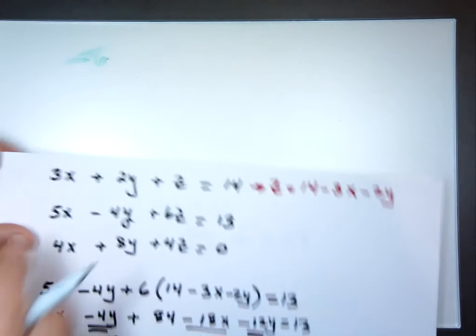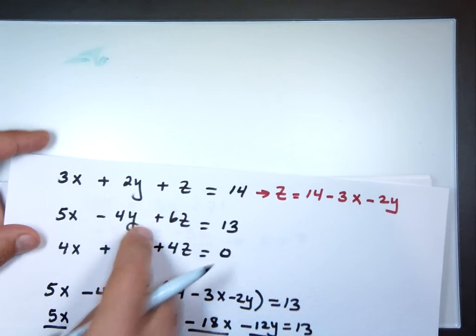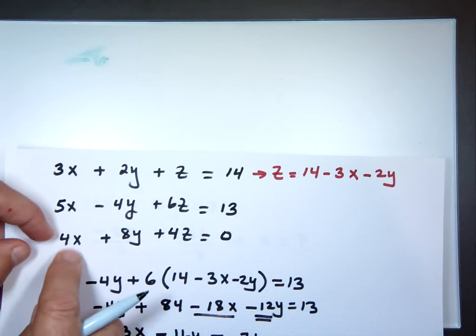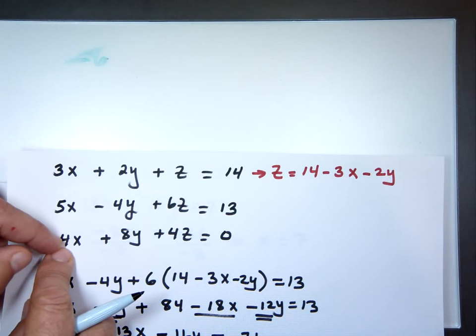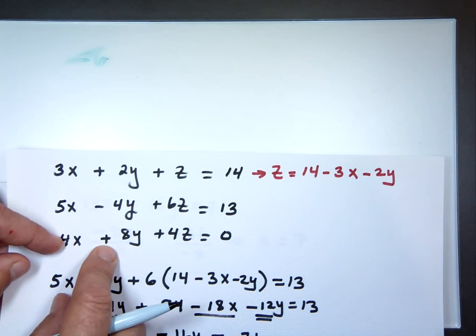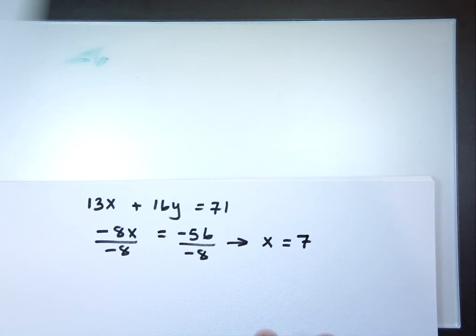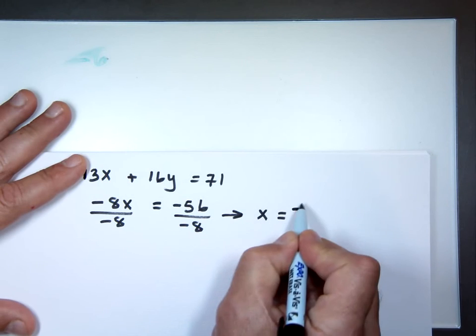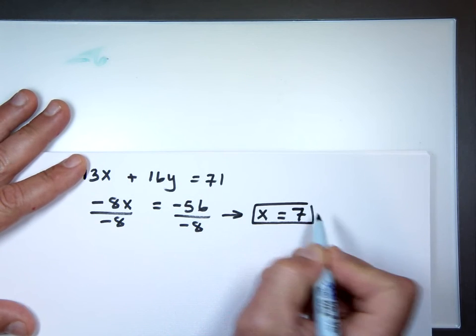I made 3, 2, 1. So the first two are good, but I goofed on this. Because if 3, 2, 1, it should be 12 plus 16 plus 4. I had a minus here in my head somehow. But I end up with a better problem so far. X is 7.